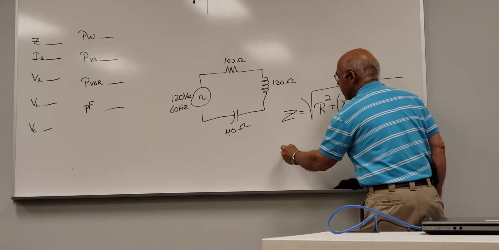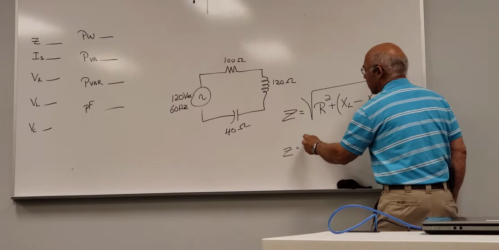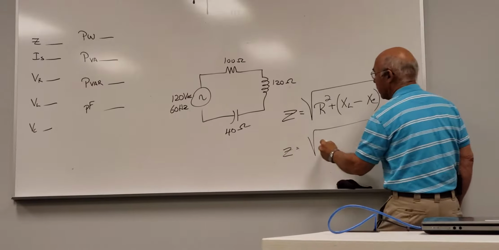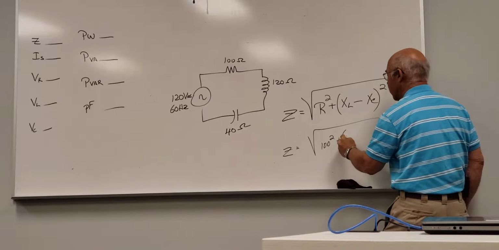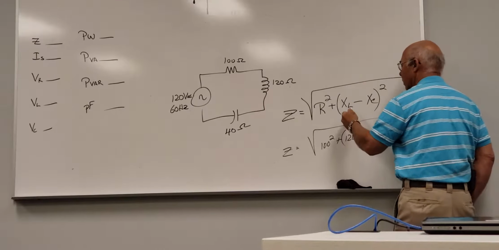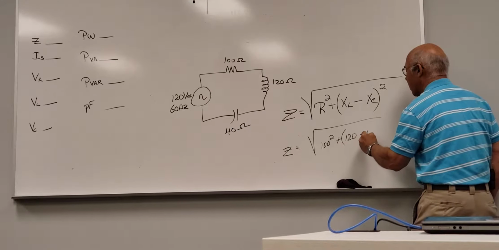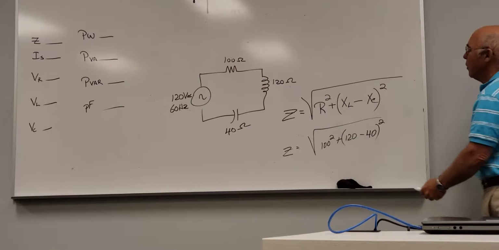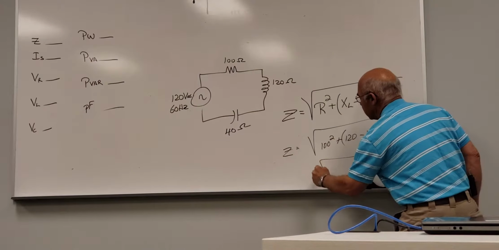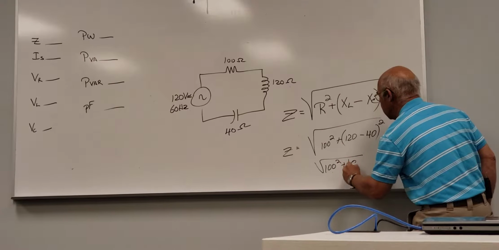So with this particular problem, we got the square root of 100 squared plus 120, L is positive, plus a negative 40 or minus 40, for C. That's going to be squared. That'll be the square root of 100 squared plus 80 squared.